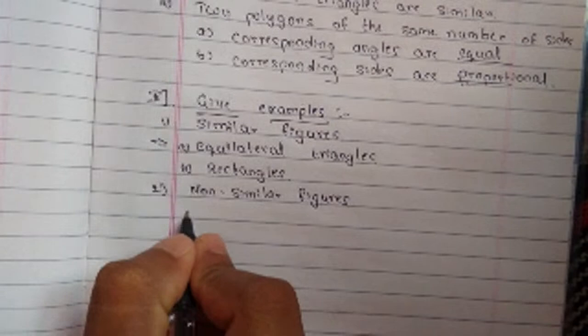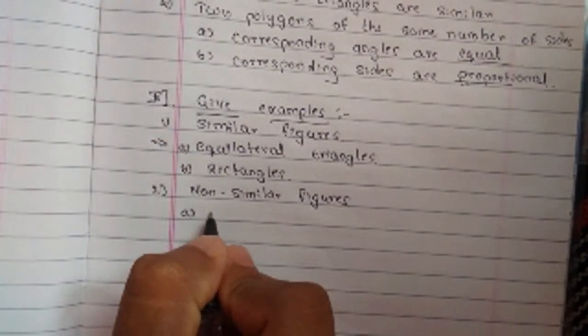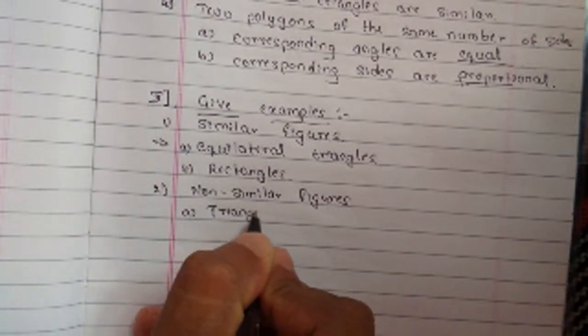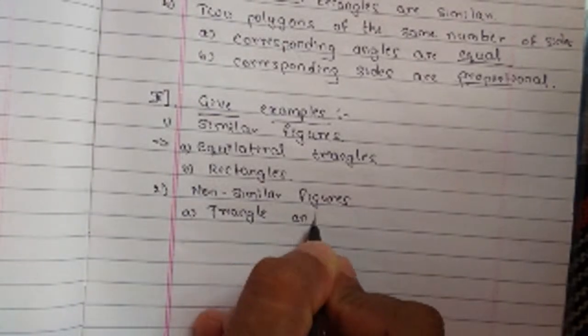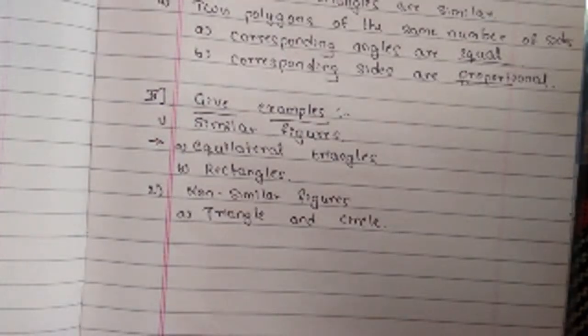You can consider a triangle and a circle. For a triangle and circle, the angles are not equal and the sides are not equal, so therefore you can consider triangle and circle.